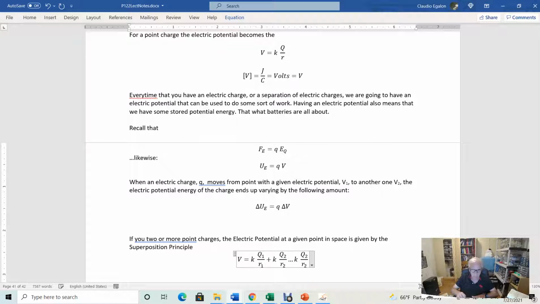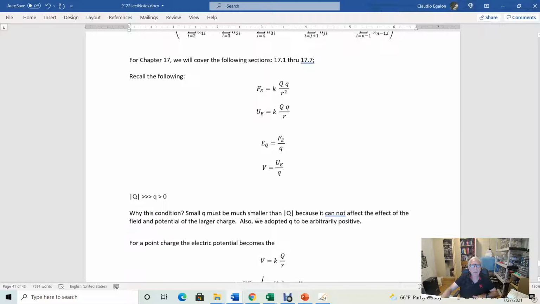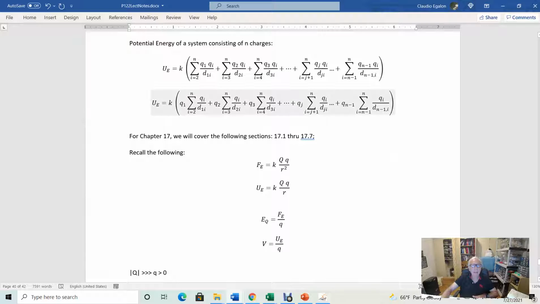If you have any charge, which we go ahead and represent by a summation.